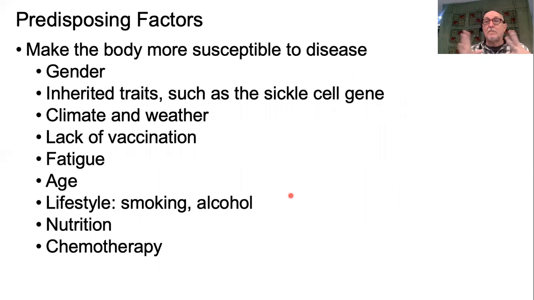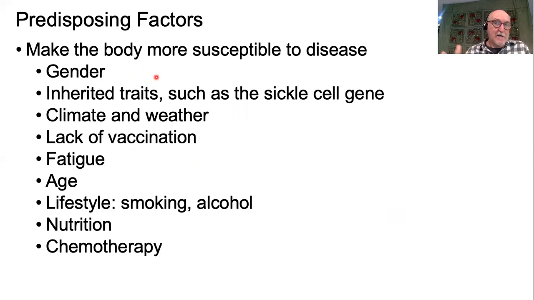So as far as disease is concerned, what are the predisposing factors? There are many, many of them. Your gender is a major one. And people suffer predominantly from different diseases depending on what gender you are.